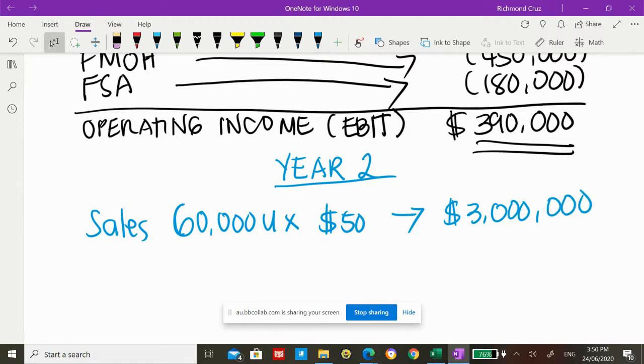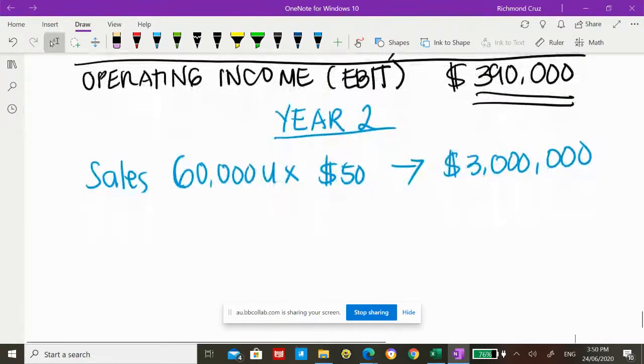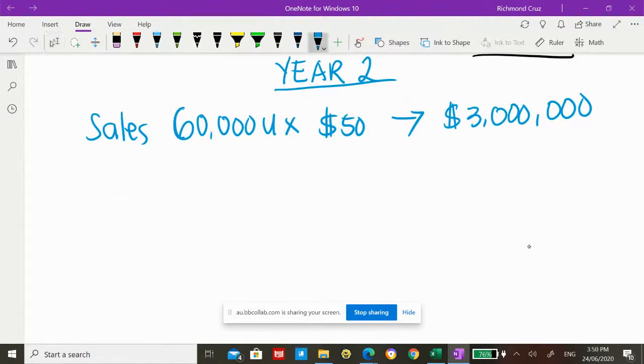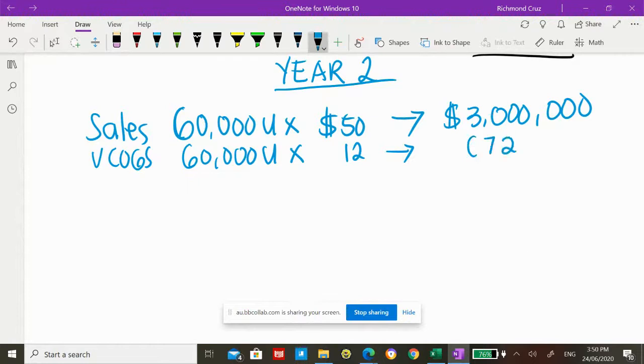Then deduct the variable cost of goods sold or the product cost. So we have the variable cost of goods sold, and this is the units sold of 60,000 units multiplied by the direct material cost per unit, and it is 12. So that is 720,000.